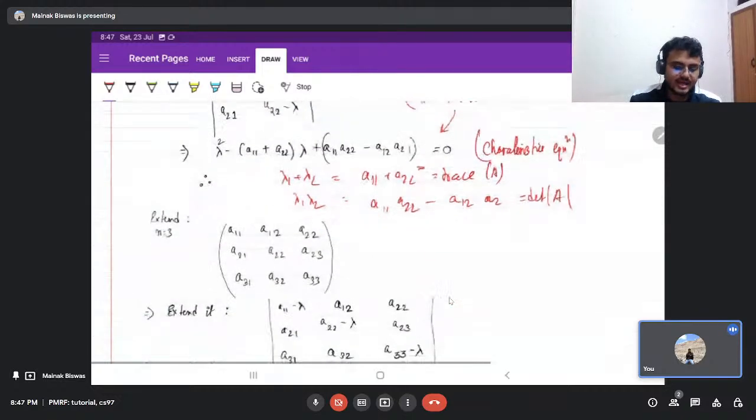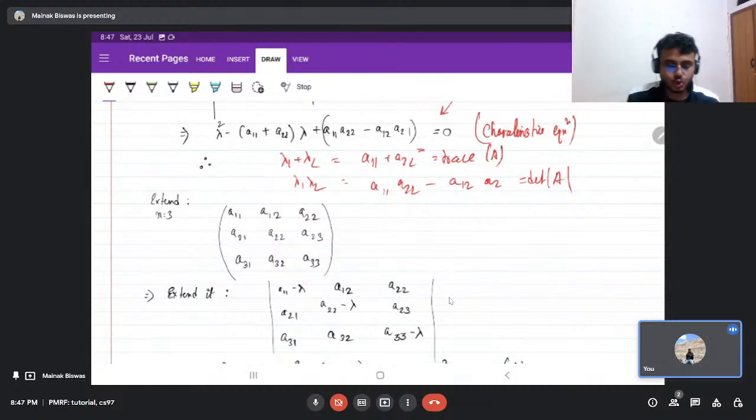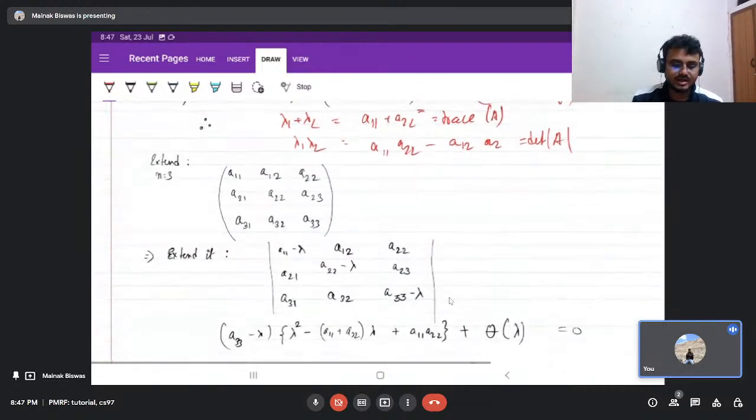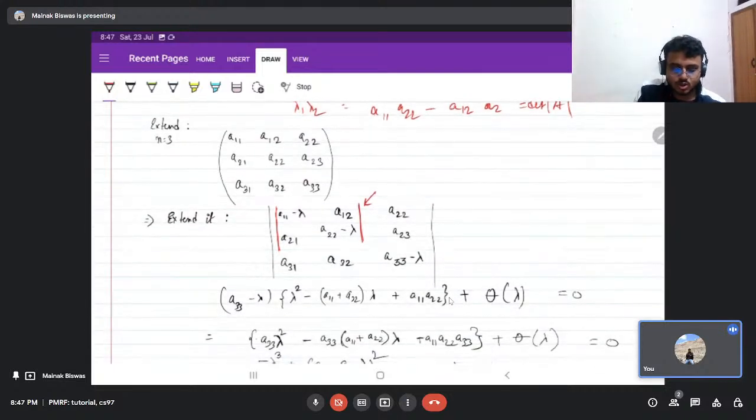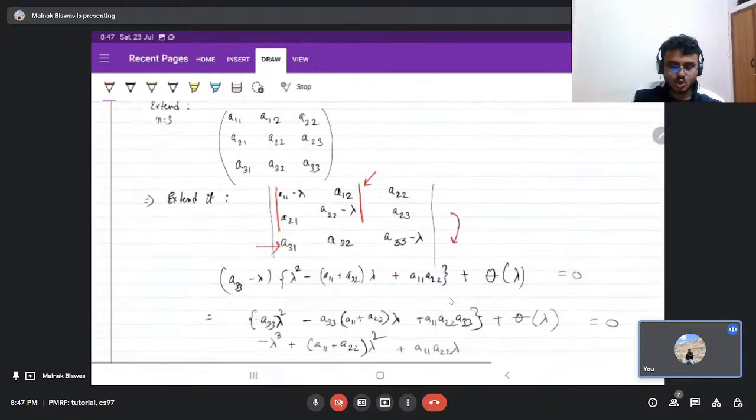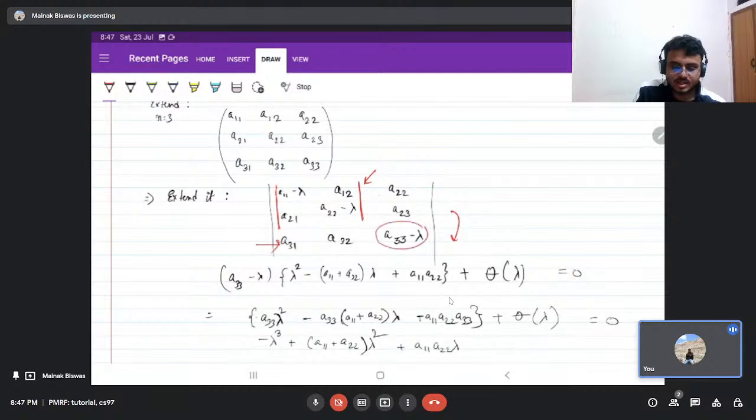We'll use an inductive hypothesis to show that the trace is always the sum of the eigenvalues and the determinant is always equal to the product of the eigenvalues. So you extend this. We have already got the determinant of this matrix. With respect to this row, you extend the determinant to compute it. I'm just doing it with this term, and the rest I am writing as some function of lambda.